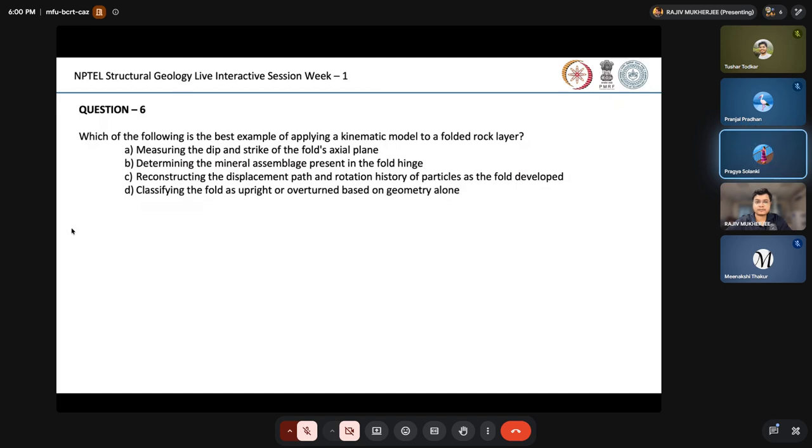Option B and C. Okay, so determining mineral assemblage present in the fold hinge.